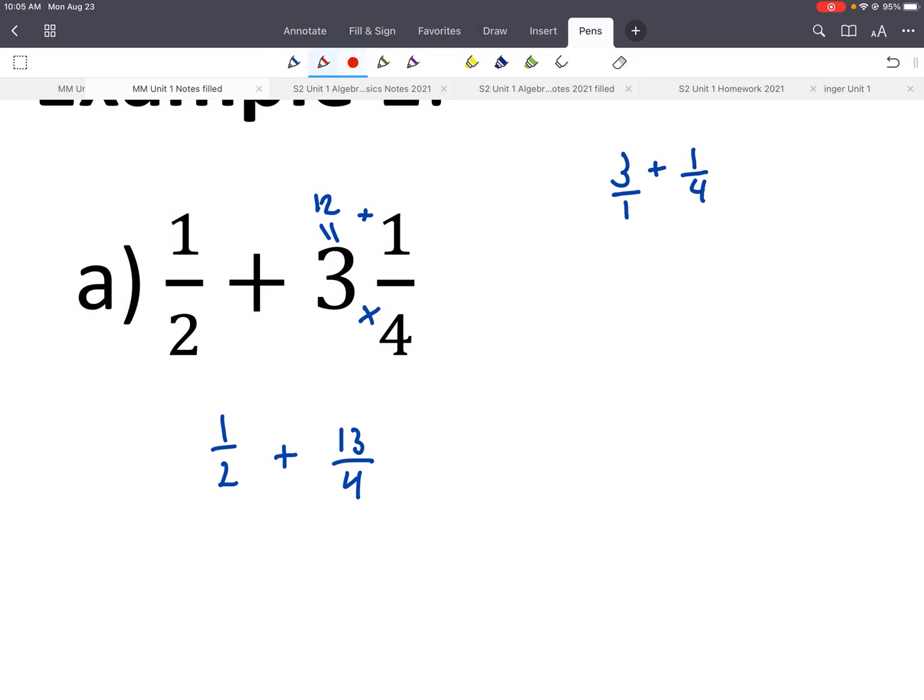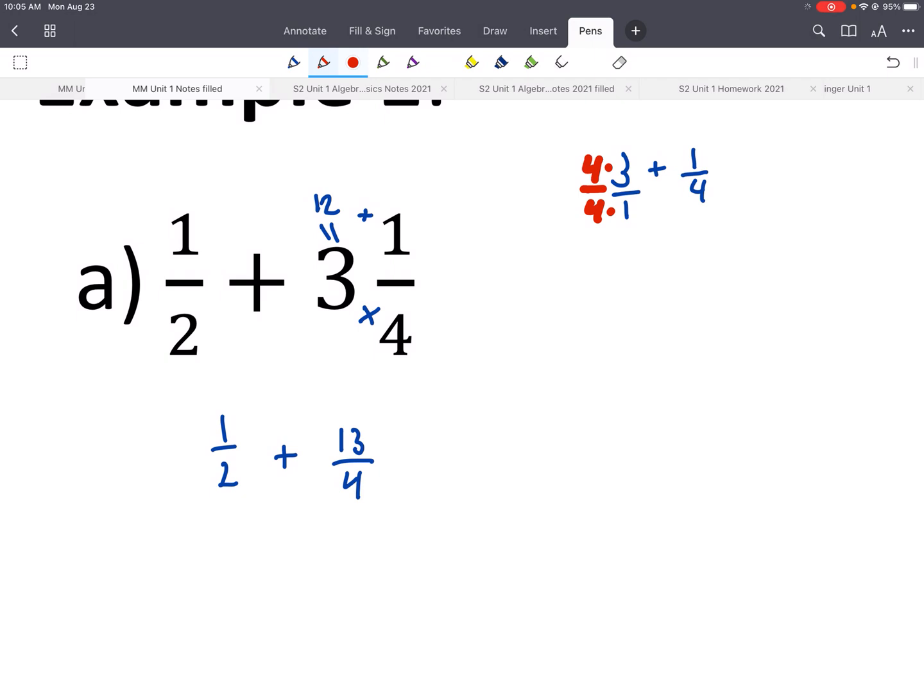Then we'd need to have a common denominator. Here we have a 1 and here we have a 4. We can't add them yet, so to make the 1 become a 4, we'd need to multiply it by 4. But we need to do the same for the top, okay? Because here we are multiplying it by 4/4, and 4/4 is just 1. So we're multiplying it by 1, if that makes sense.